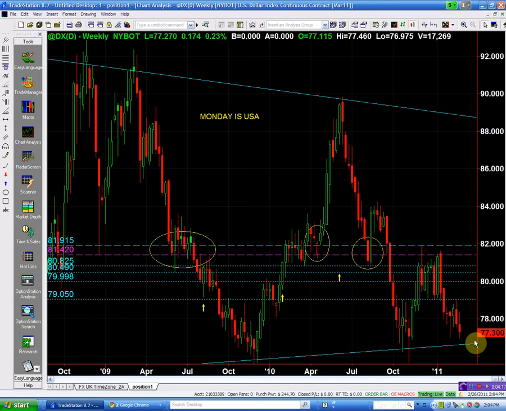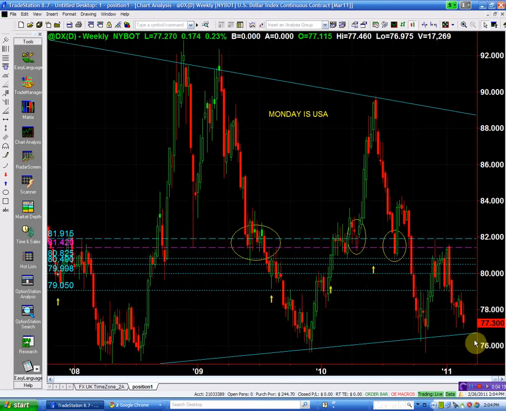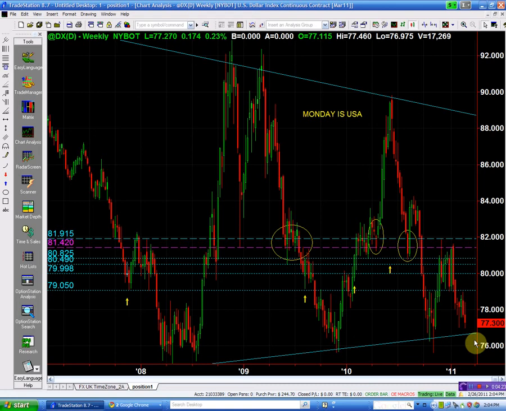Actually, in the dollar, we might have a little bit of short covering, but not yet as far as the dollar goes. So the weakness continues in the dollar.